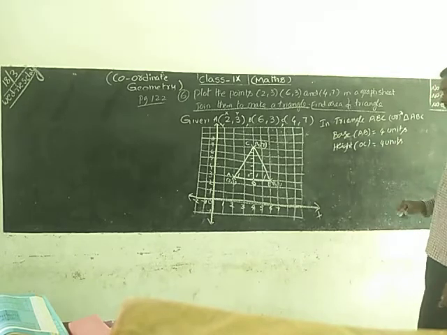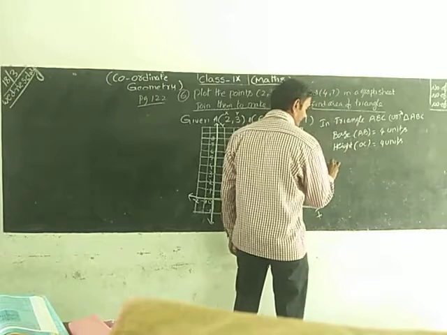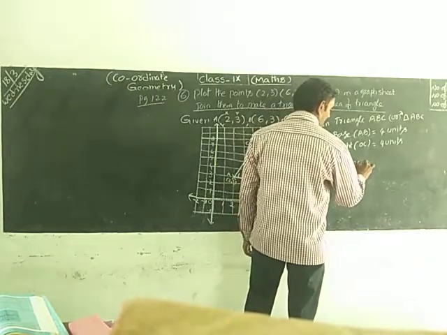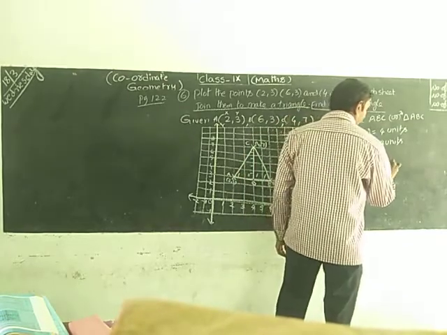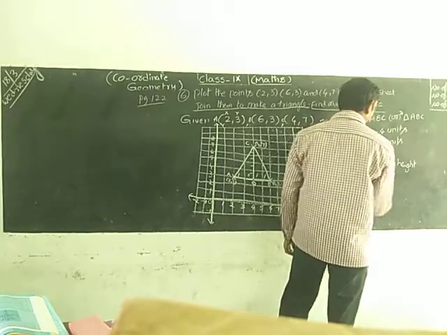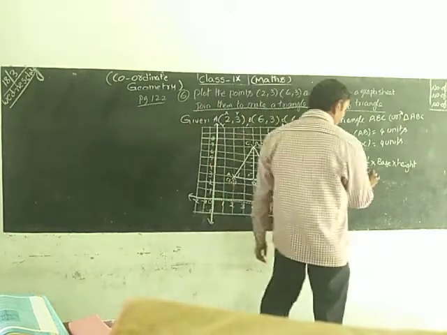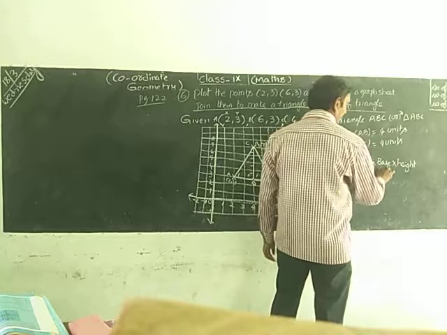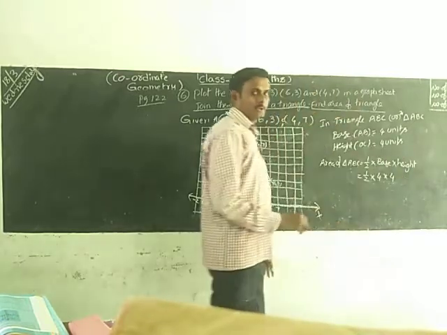Now we can calculate the area of the triangle. Area of triangle ABC equals half into base into height. Half into base, base is 4, height is 4.